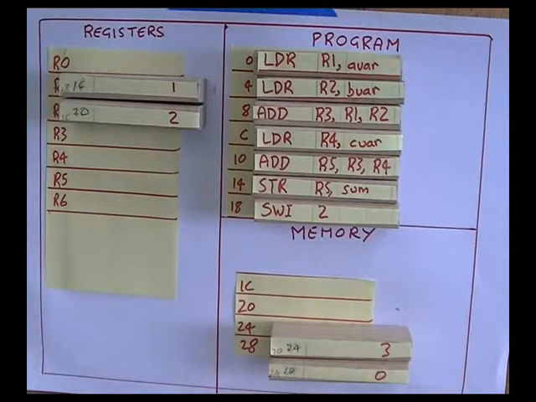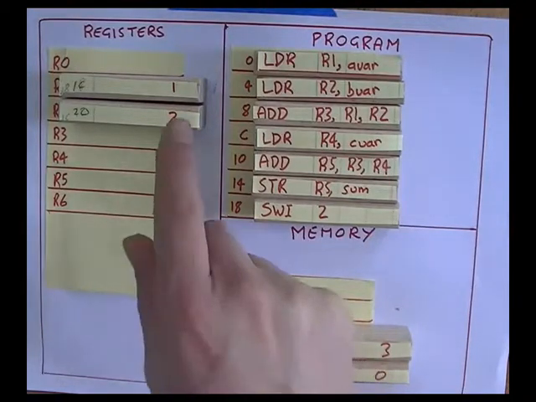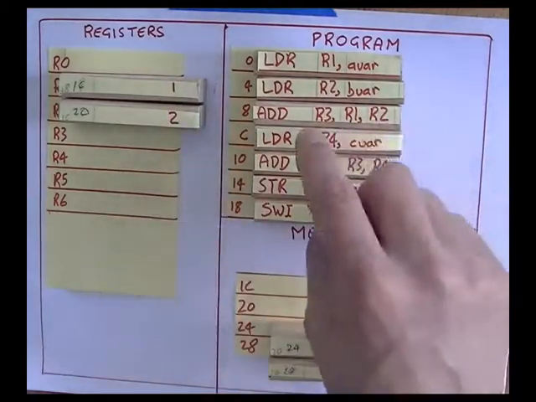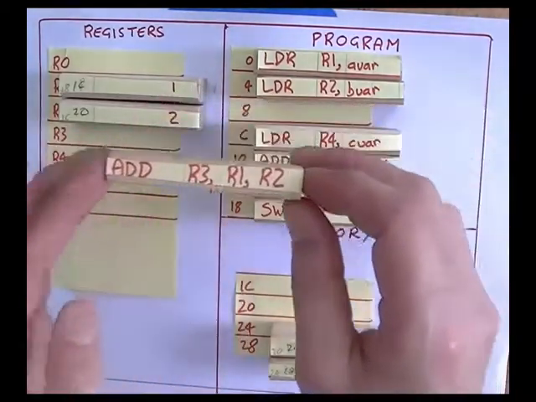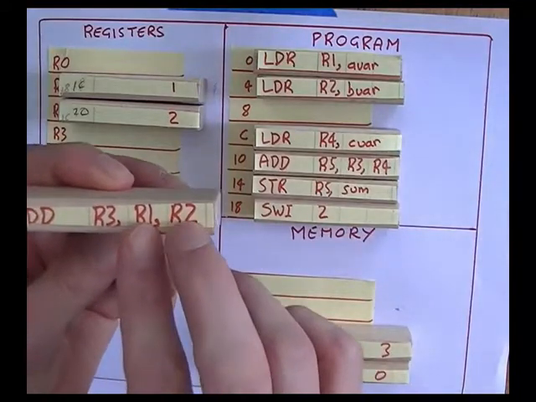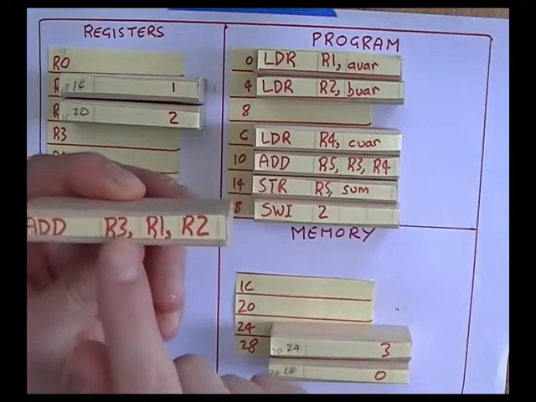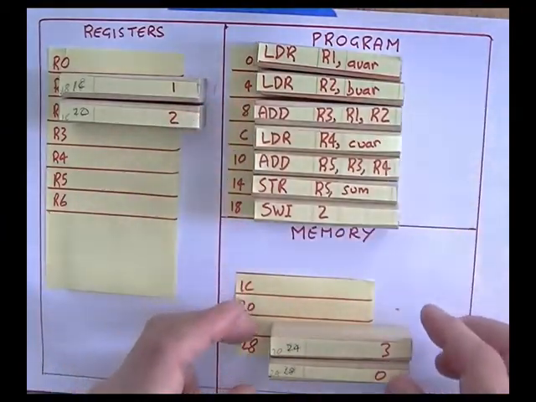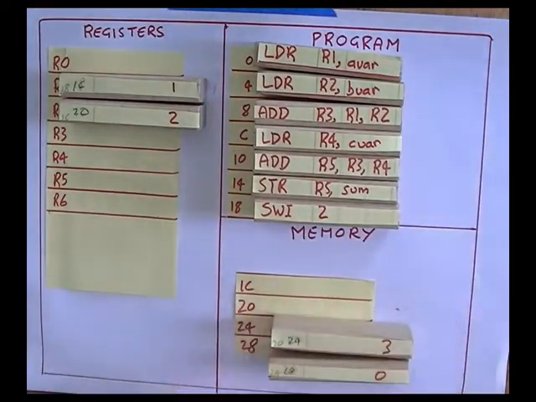Now the next thing it does is it performs an add. So now we take those two numbers in R1 and R2 as it says here. Let's have a look at the instruction. And this instruction broken down basically says add R1 to R2 and then place the result in R3. So I'm just going to reuse this 3 for a minute.